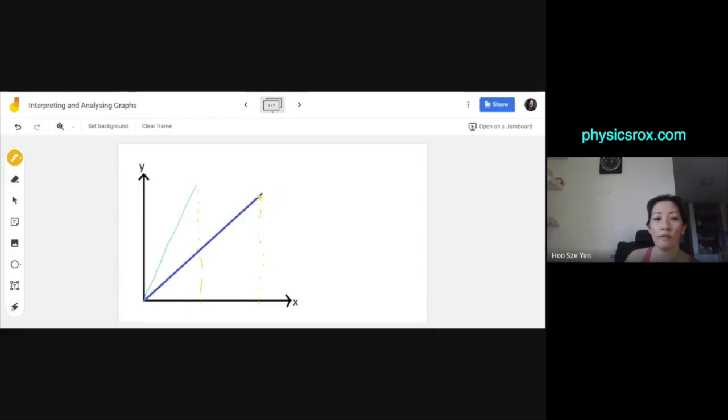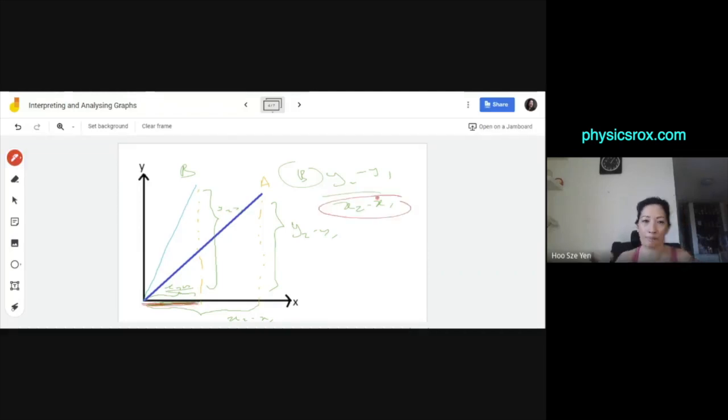For graph A, you can see y2 minus y1 over x2 minus x1 is quite equal like that. Then compare to graph B: this y2 minus y1 compared to this x2 minus x1, see, x2 minus x1 is so short. The difference in x here is so much smaller. That's why B has a higher gradient.